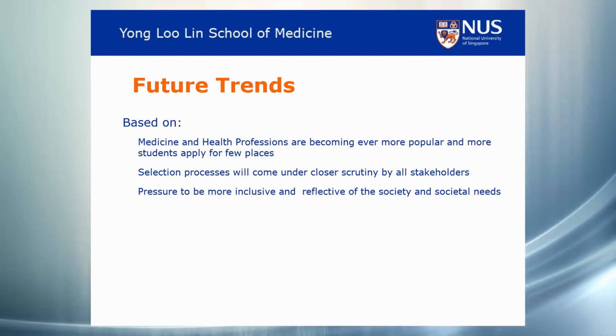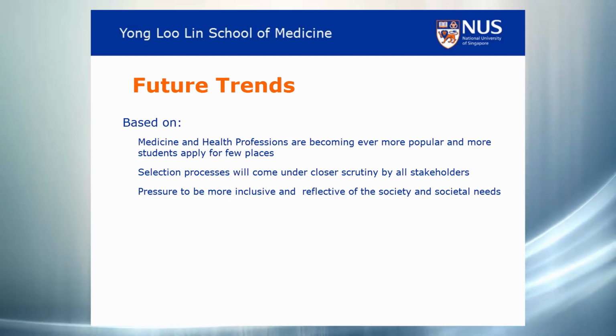So therefore, not only are the professions becoming popular, but society now more or less requires that the selection process of future health professionals needs to reflect the societal needs as well as the societal composition, if I may say so.